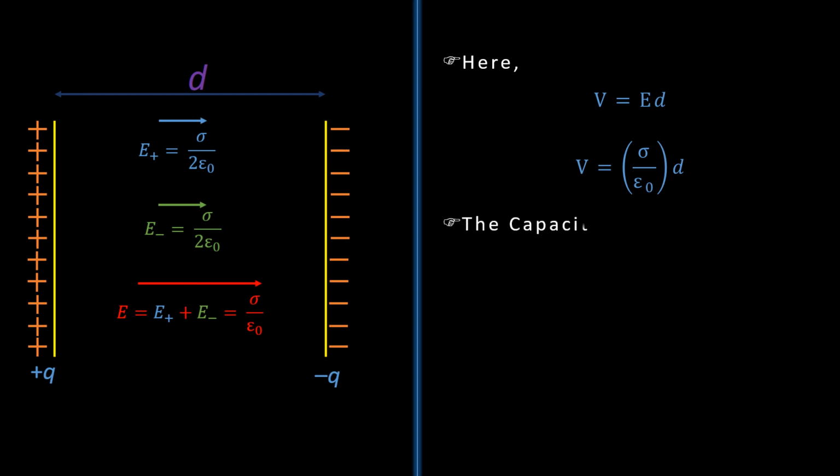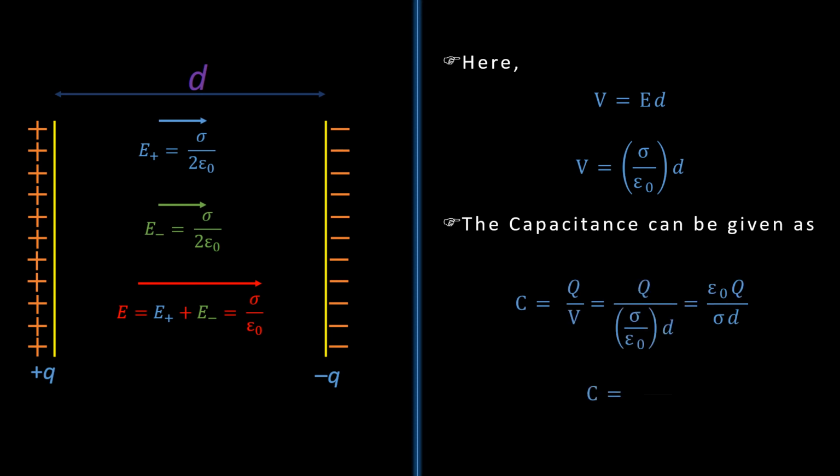We know that C is equal to Q by V. So what do we get if I substitute the potential value there? What we get is epsilon 0 Q upon sigma D. But we know that sigma is Q by A. So if you substitute Q by A instead of sigma, what do we get? Q will get cancelled out, and what we get is epsilon 0 A by D.